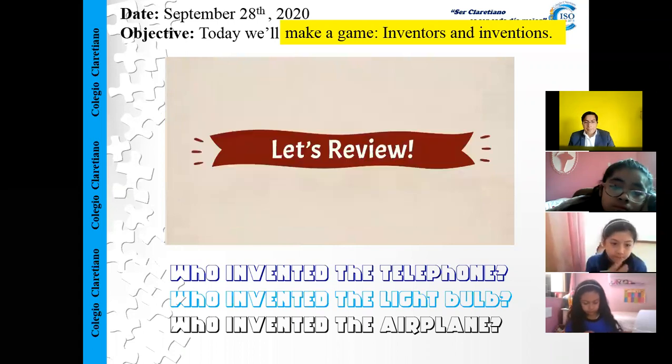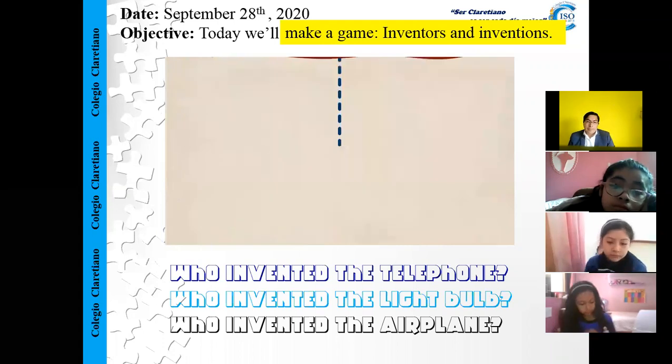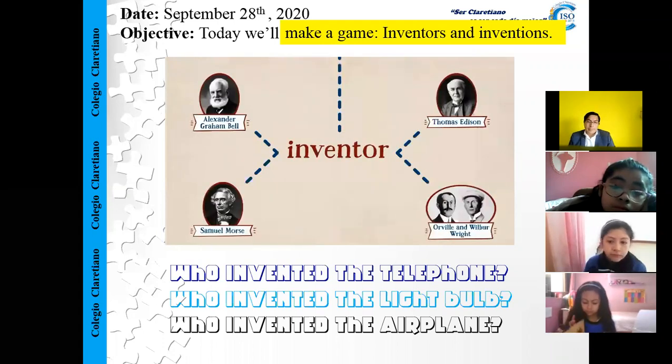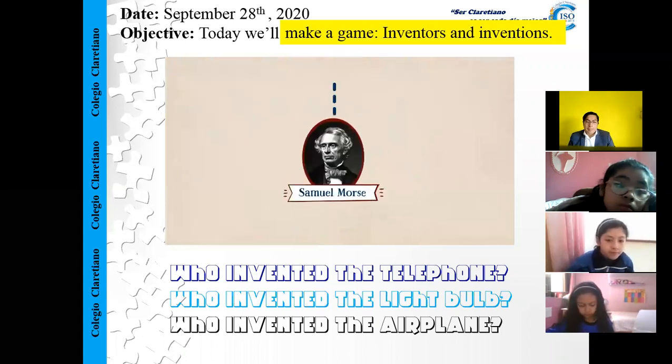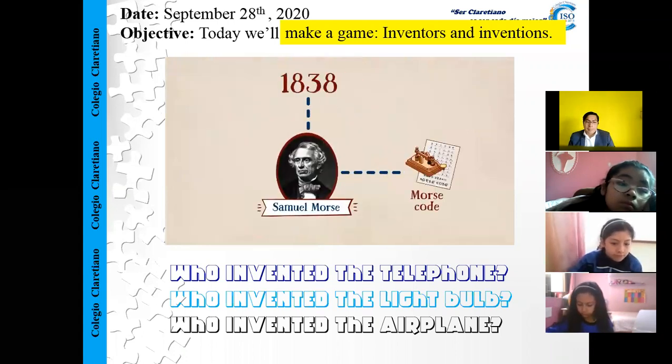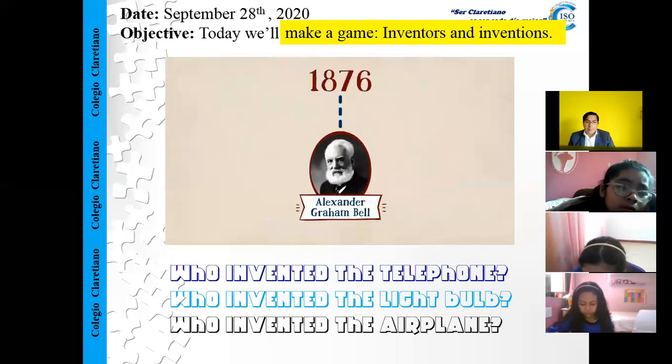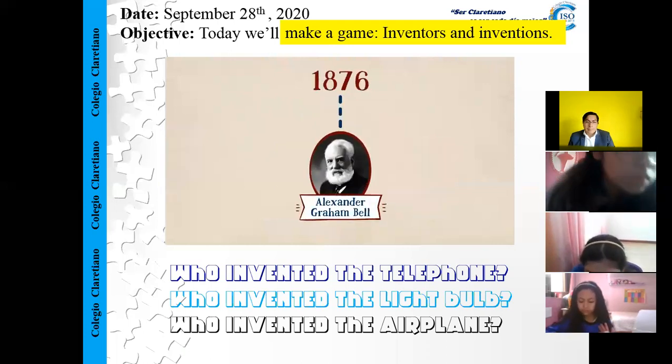Let's review. An inventor is a person who creates something new. Samuel Morse was the inventor of a telegraph system called Morse code. People could use these codes to send messages to one another. Alexander Graham Bell discovered a way to transmit or send sound across electrical lines.